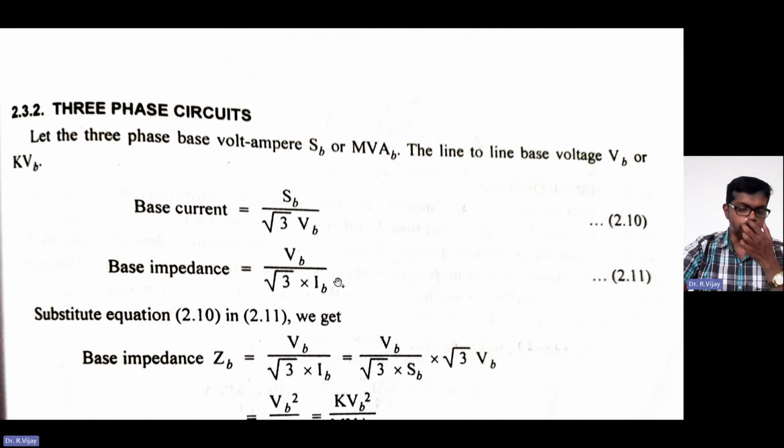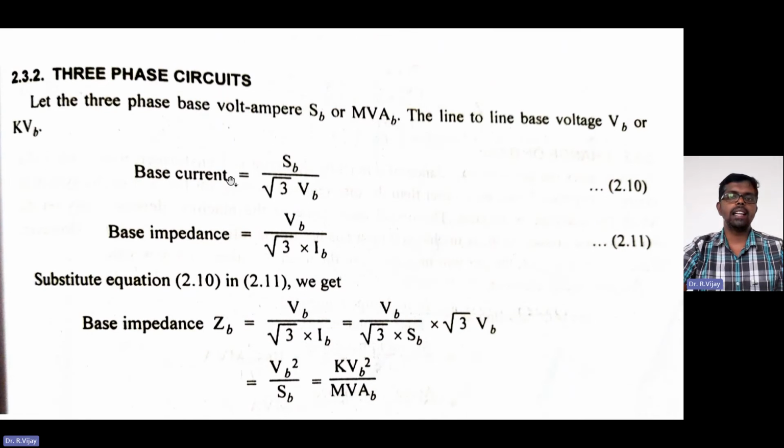Next, 3 phase circuit, the same thing, just a revision. Base current is equal to S base, which is nothing but MVA base, divided by root 3 into V base. Next, the base impedance is equal to V base divided by root 3 into I base.